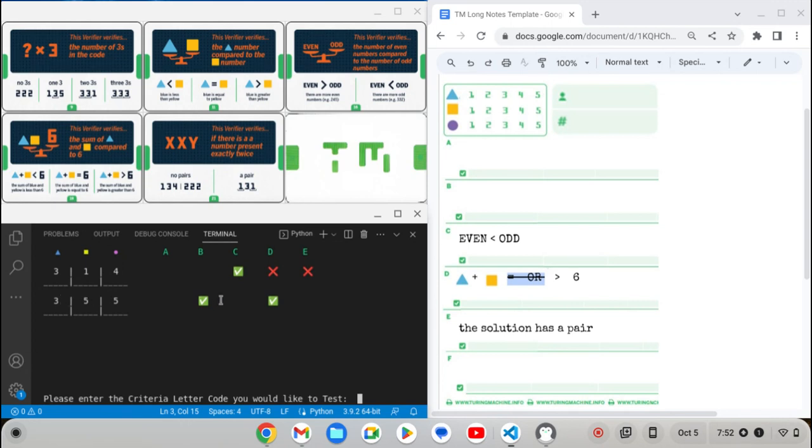The Turing machine agrees with that. So let's go ahead and type that up. So again, that triangle is less than square for criteria card B. Triangle is less than square.